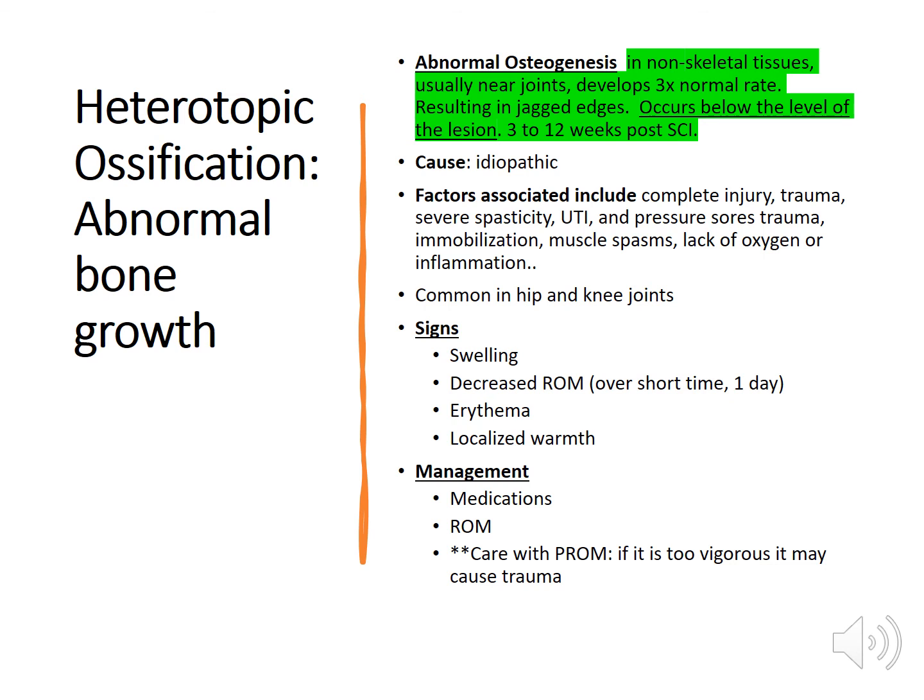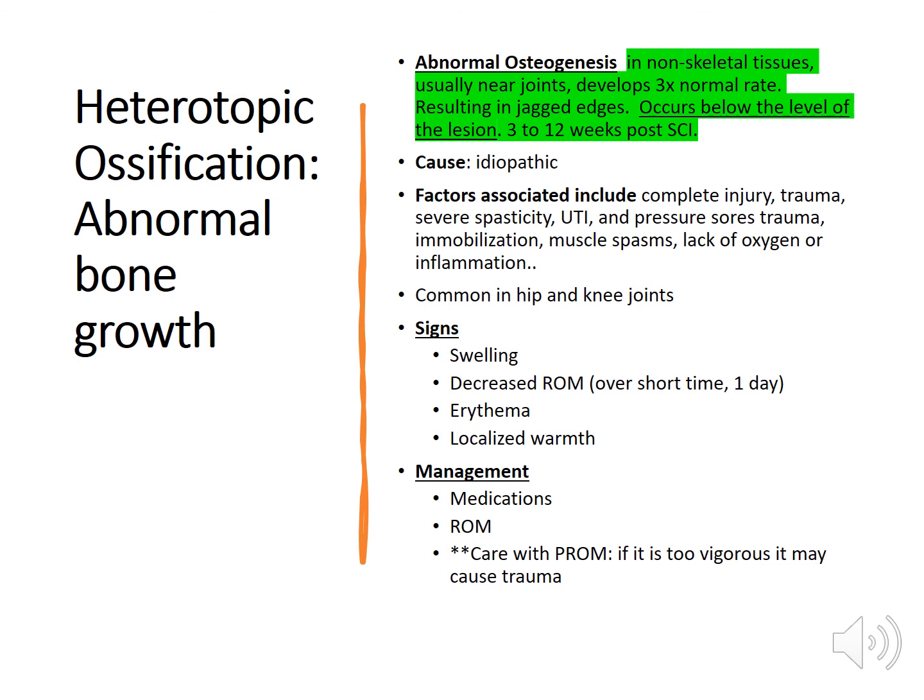The cause of this is idiopathic. Factors associated will include patients that have complete injury, trauma, severe spasticity, urinary tract infection, pressure sores, as well as immobilization, muscle spasms, and lack of oxygen or inflammation.